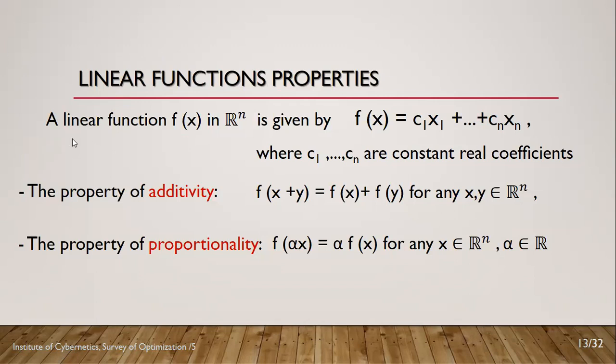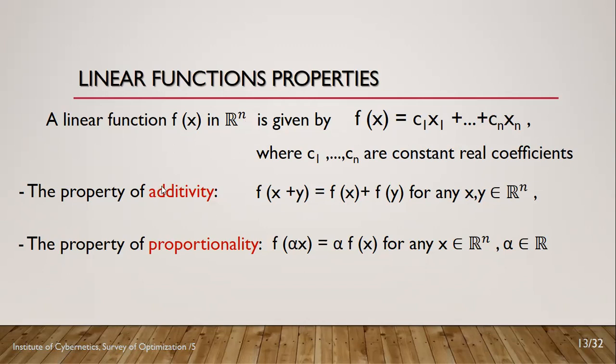We'll first recall that a linear function is a relationship of the independent variable x from the n-dimensional Euclidean space, which is given by the sum of the products of the constant real coefficients and the variables involved in this function. Then this function possesses such properties as additivity and proportionality.